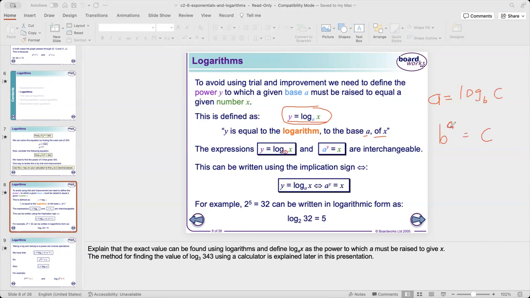You see, b to the power of a will be equal to c. That's what is seen from that expression.